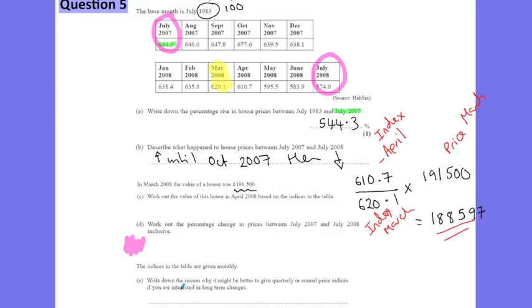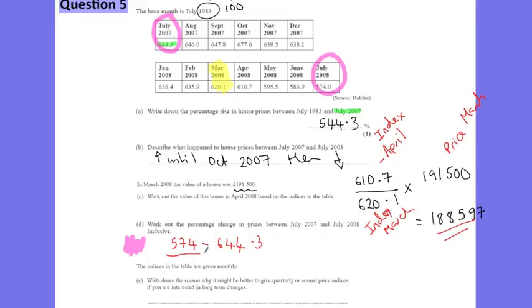That's for this part D. We're going to find the difference between them: 574.6 minus 644.3.